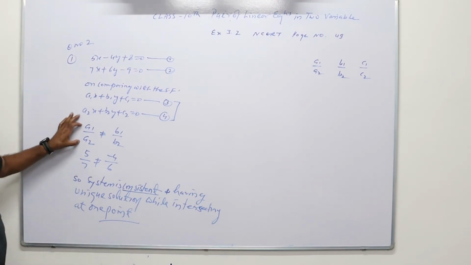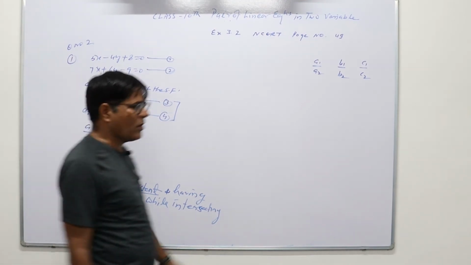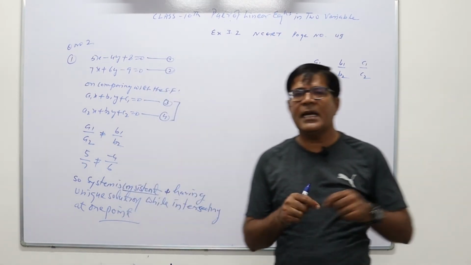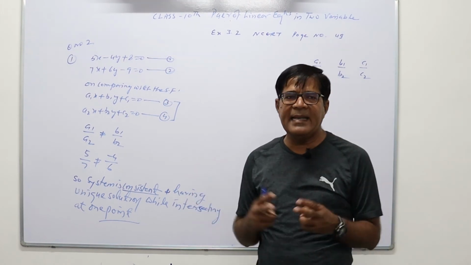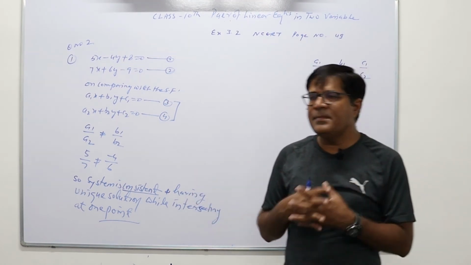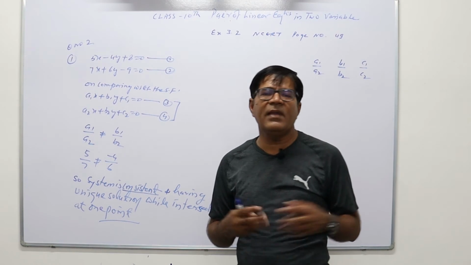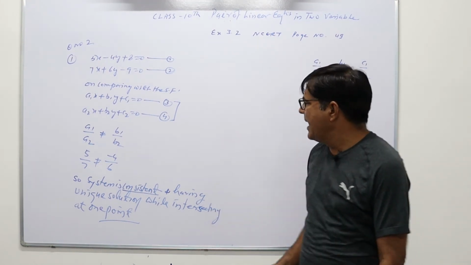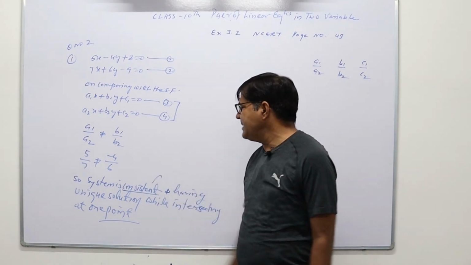And if the lines are intersecting, then they will have only one solution, that is called a unique solution, and the system will be known as consistent.